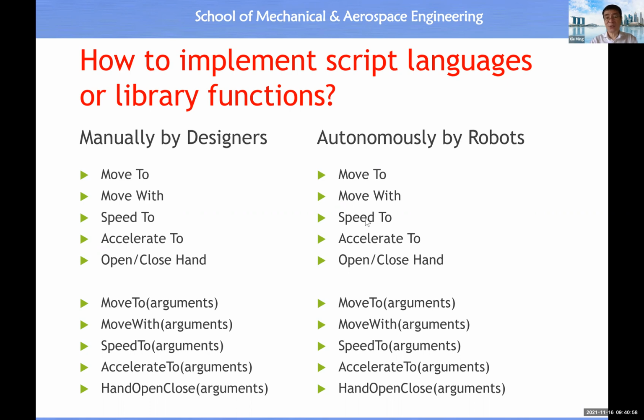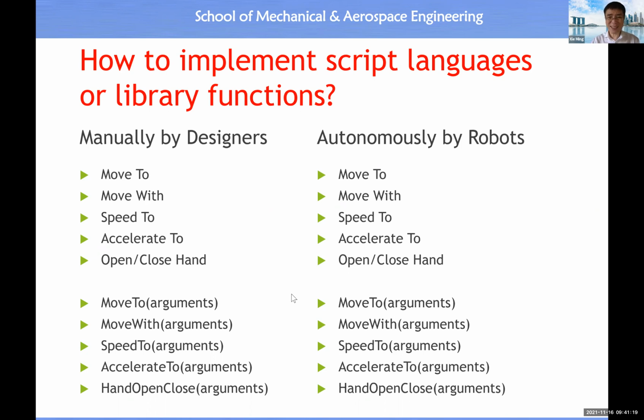You see these are the commands which are very close to human language. And also let the robot implement library functions to create its own motion library functions. So these are the two scenarios.